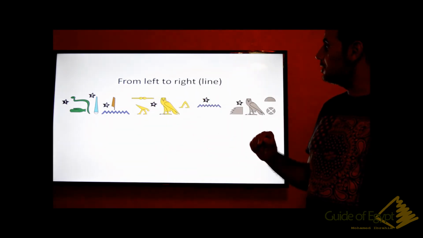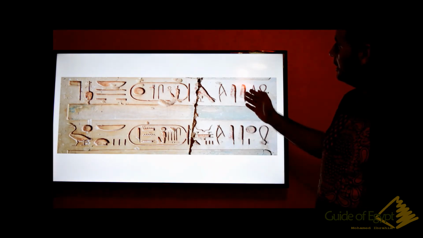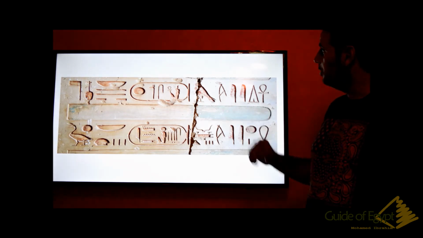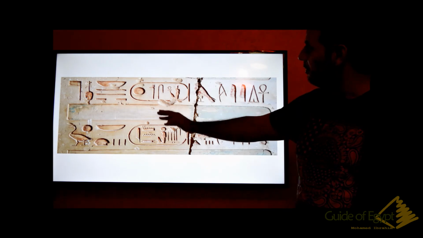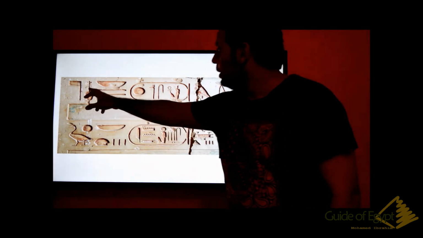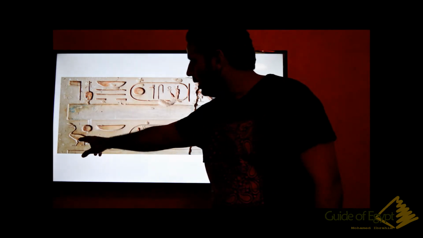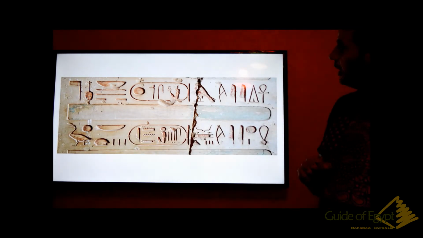This is an example from Abydos, from the temple of Ramses II, and in this case, because they are all facing left, we will start from the left side, and we will continue reading to the right, and then the second line from the left and going to the right side.